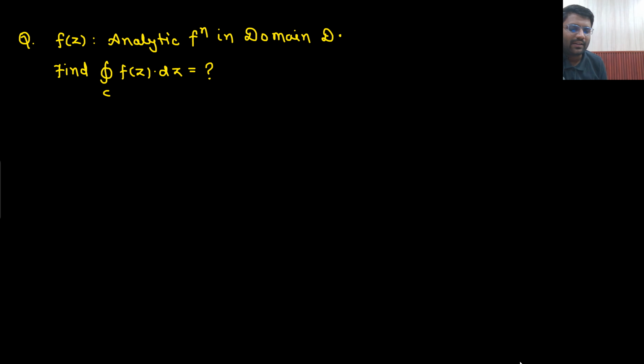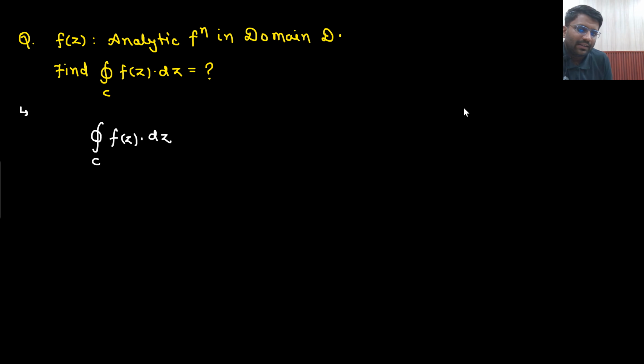Now similarly here, f of z being analytic in domain D will serve that same purpose. Let's see what I mean to say here. You need to calculate the integral of f(z) dz over the path C, and this path is a closed path.